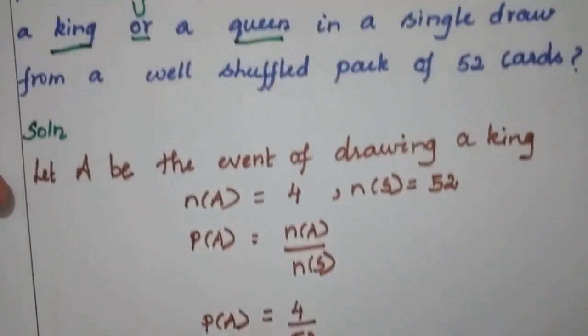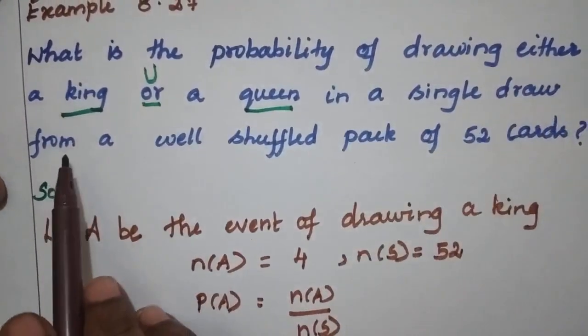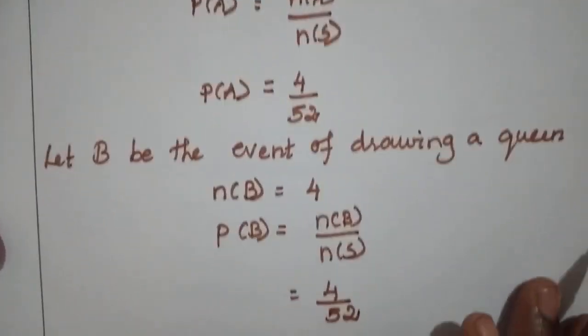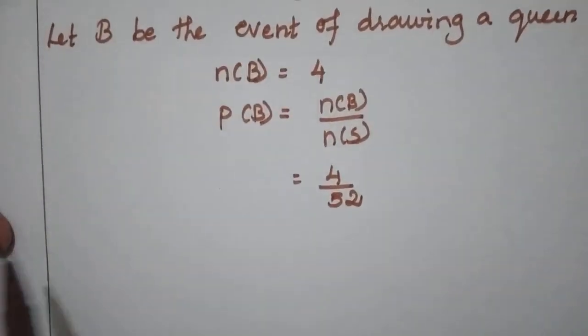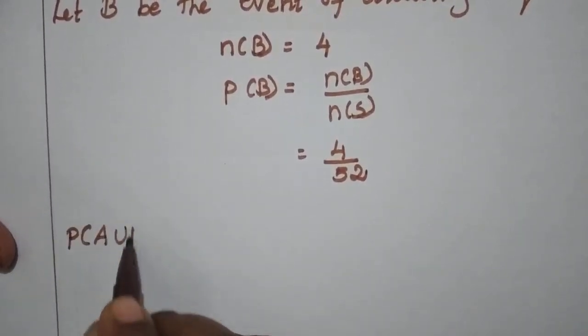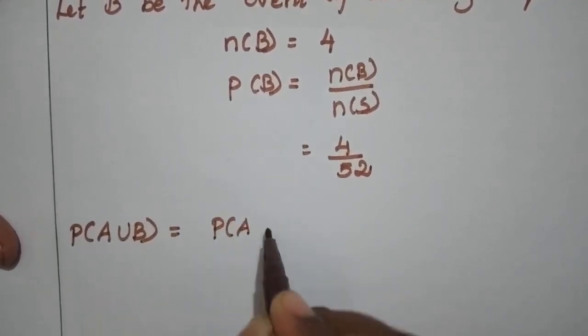The question they ask you to find probability of drawing either a king or a queen. So this is nothing but P of A union B.